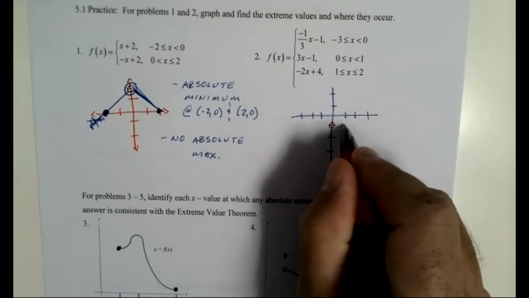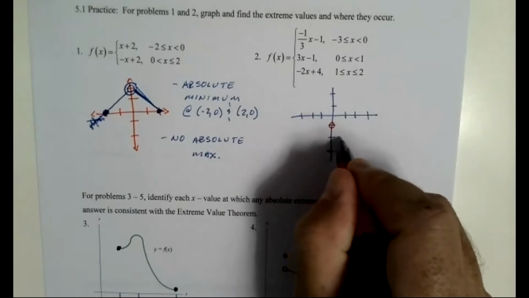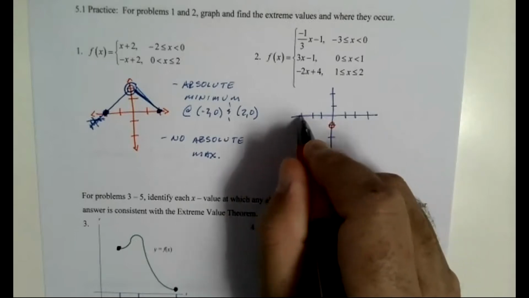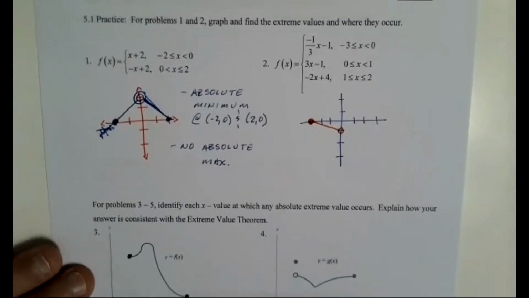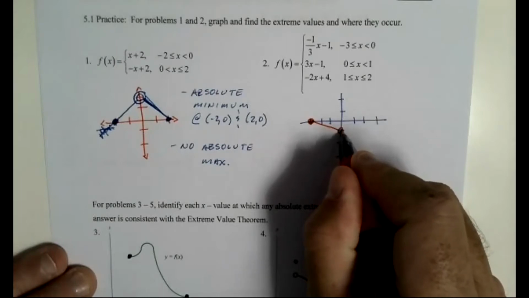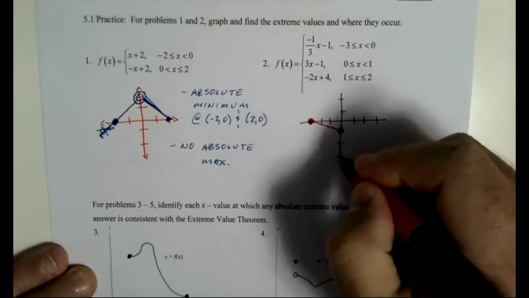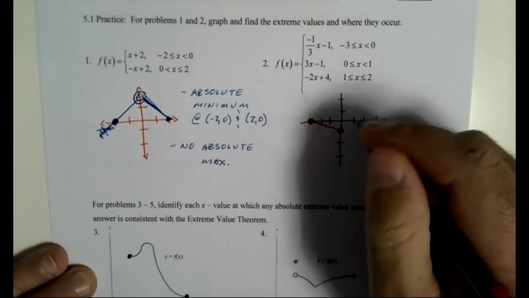Down 1 over 3, up 1 over 3. Solid point here. I want to make a hash of my straight lines again. Then it's 3x minus 1. So it is a solid dot here, which is impossible to show. So what we're going to do, just make it a small one. And it goes up to, if I plug in x equals 1, 2.